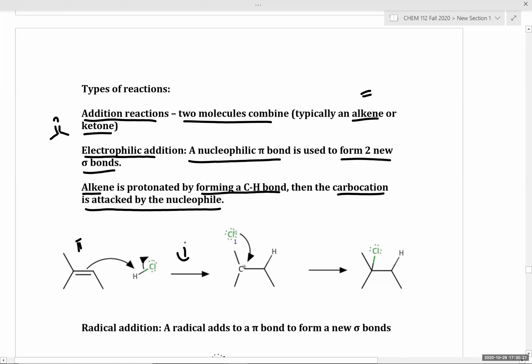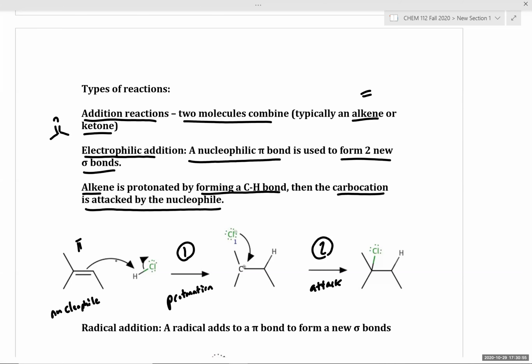So we have two distinct steps, protonation followed by attack. As we notice, our pi bond or our alkene is the nucleophile in the first step. It is donating and contributing the electron density used to form our first bond.